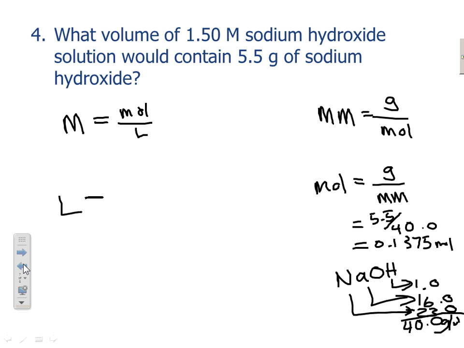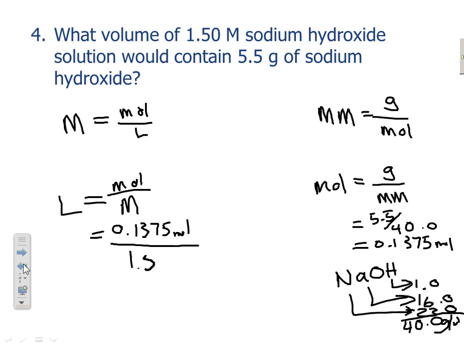What will my equation be for liters? Again, I'm not going to build a triangle for you this time. You can build it if you'd like, however you want to do that. What is my liters going to be, John? Yeah, moles over molarity. I know the moles from over there. 0.1375 moles. And again, if you don't clear the calculator, you'll use that number, over 1.50.